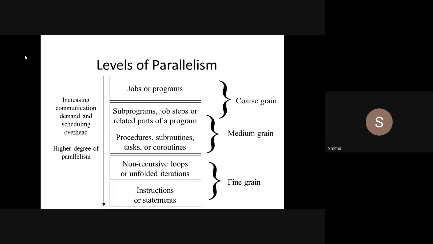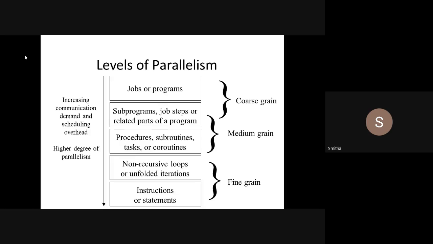I'll start from the bottom. The first one is instructions or statements. We can have simple instructions, or simple statements.